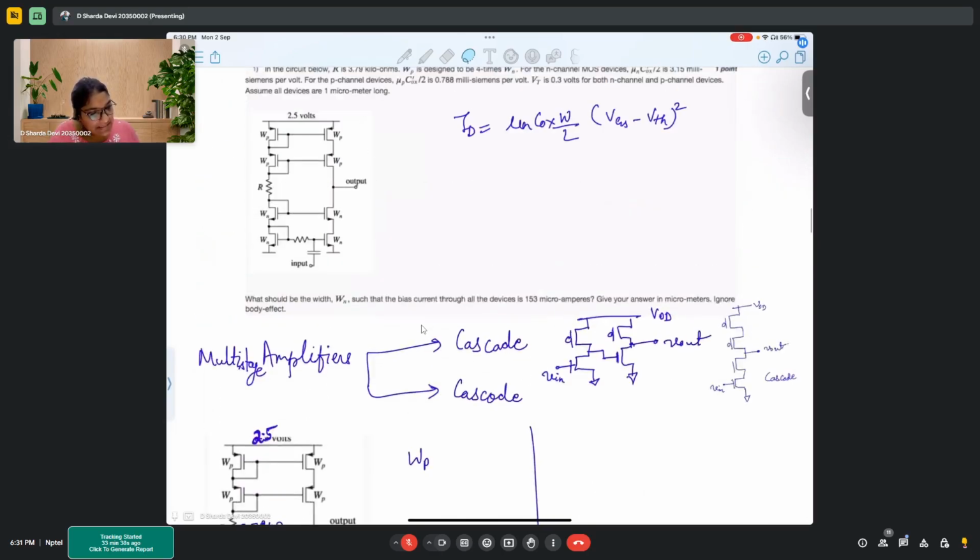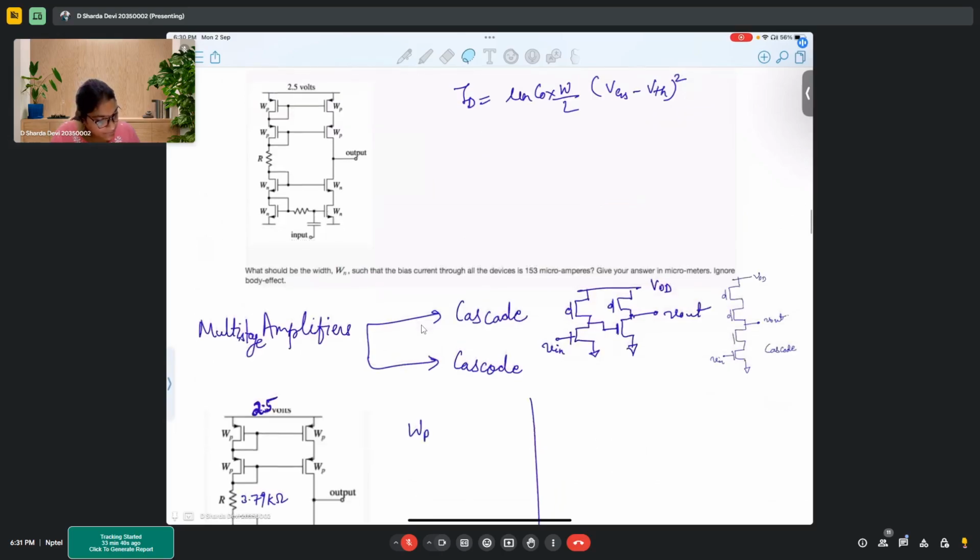WP is designed such that it is 4 times WM. So WP equal to 4 times WM.